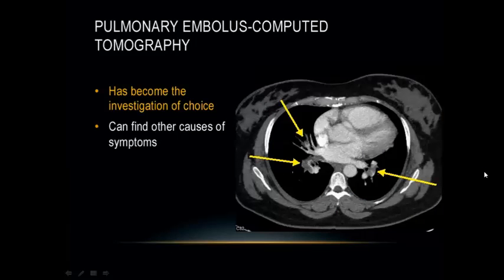Computed tomography has become the investigation of choice in pulmonary embolism and also can find other causes of symptoms. You see that the CT scan in this picture shows a break of pulmonary vessels at the level of the main pulmonary arteries.